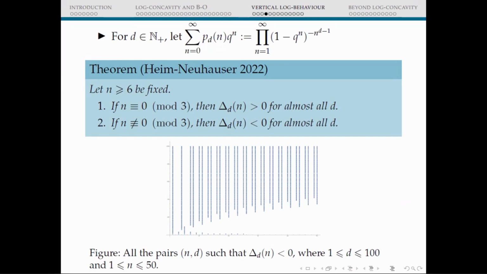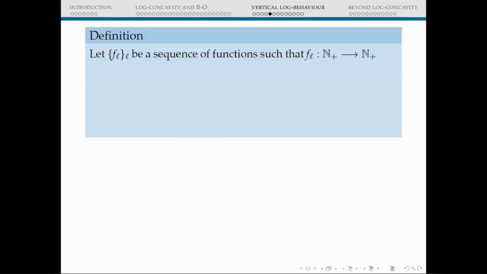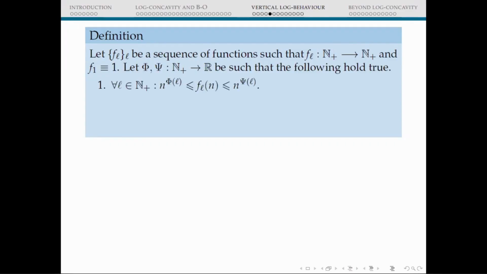So we can try to generalize it somehow, because maybe in the future somebody will discover another nice generalization of maybe not the partition function, but of the A-partition function or something else. So here we have a sequence of functions f_L, which go from positive integers to positive integers, and two functions psi and phi, such that the sequence f_L of n is bounded from below and from above by the following expressions.